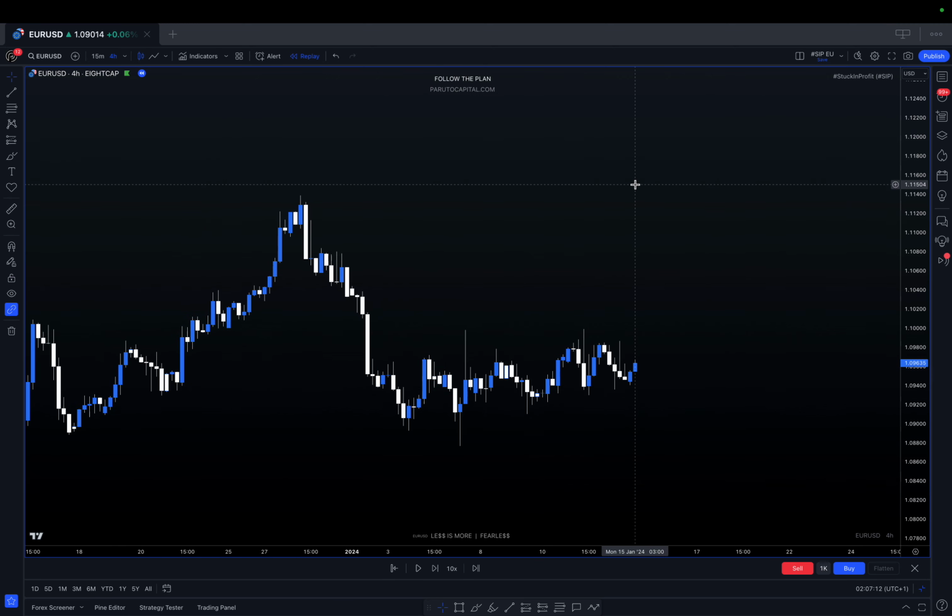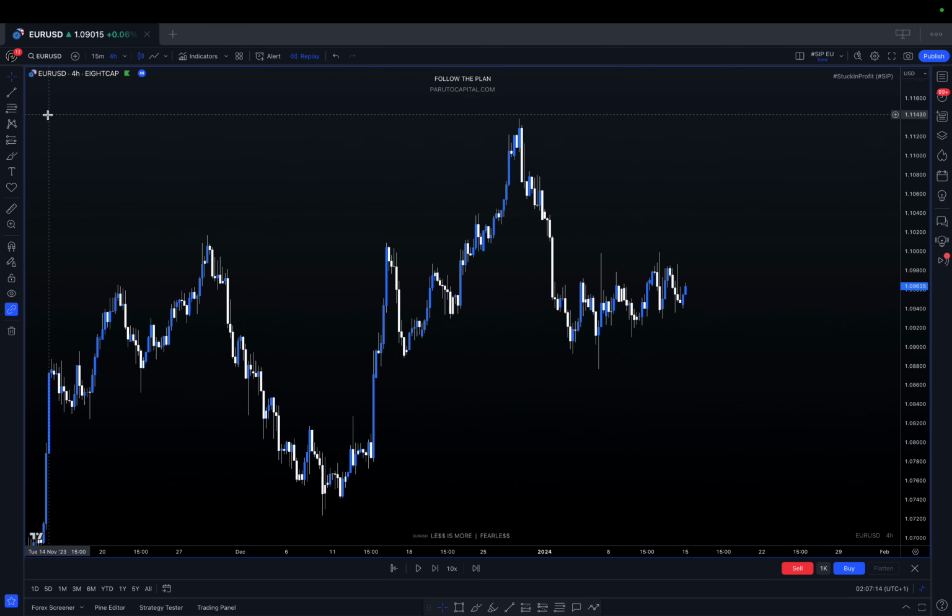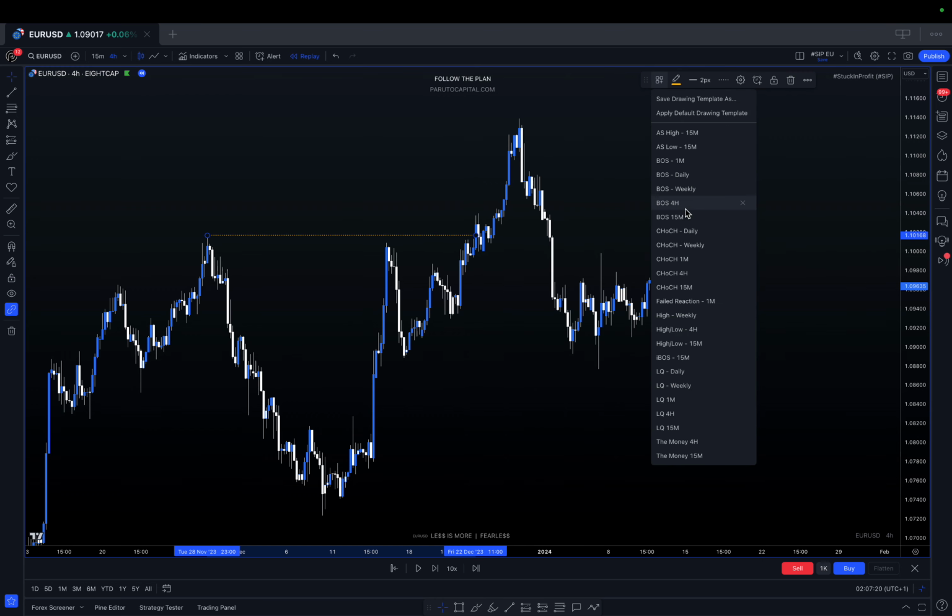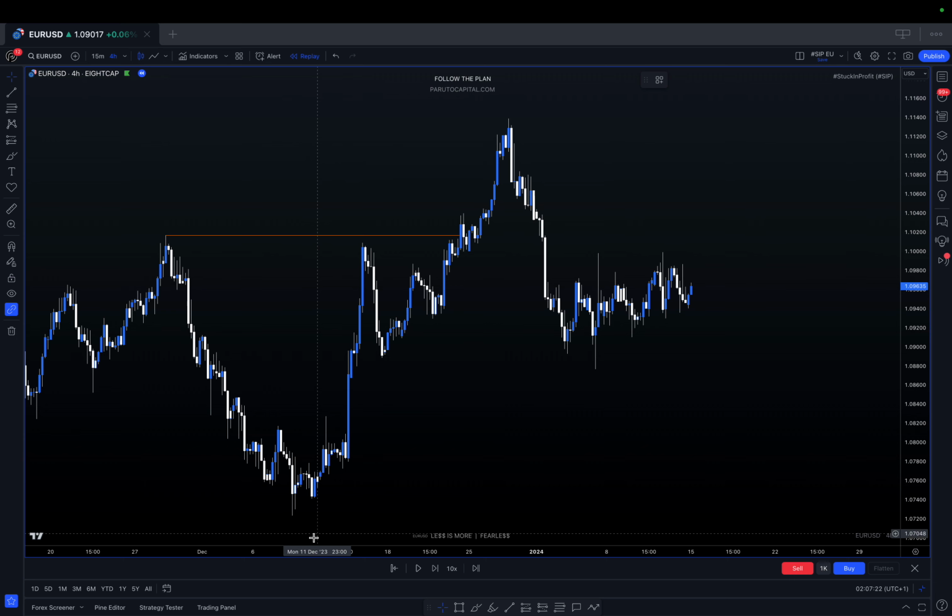Okay, so on the 4R clearly here, let's just structure. That's a break of structure. On the 4R, we have our low here. So swing low 4R, and also a high here.